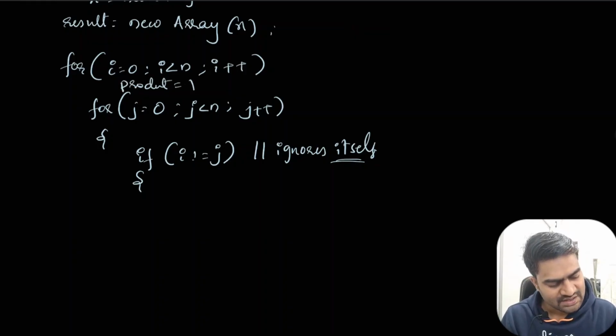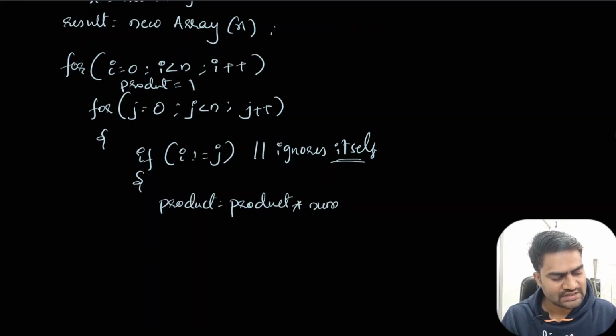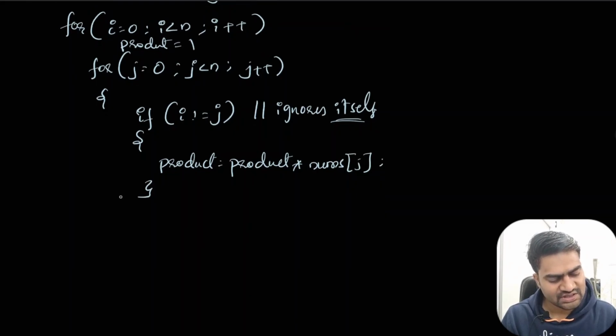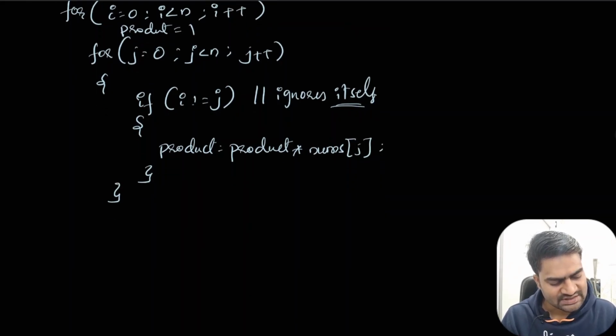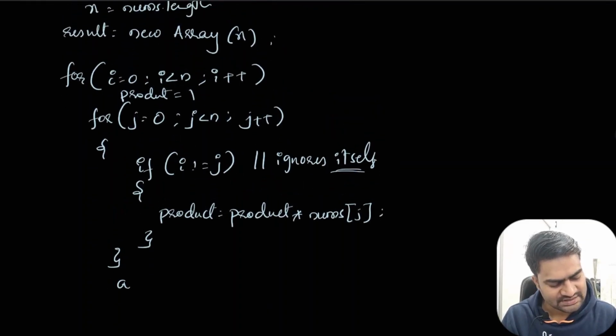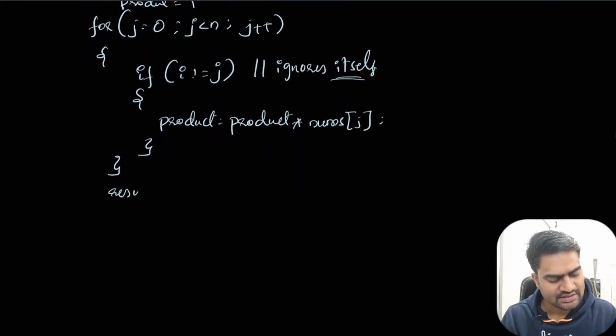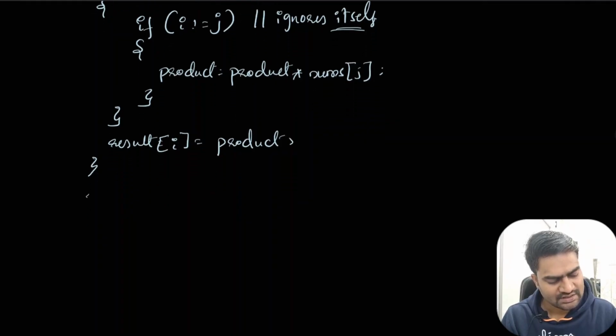Then I will say my product equal to product into nums of j. Okay. This way I will multiply. Then at the end of the first for loop, I will say my answer, result I have taken, so I will consider result of i equal to my product. Okay. So with this, finally I will return my result.